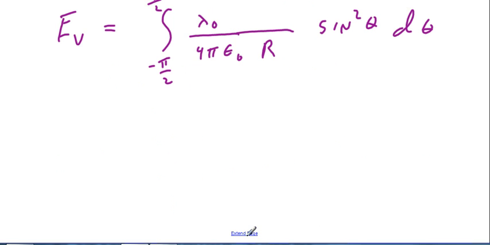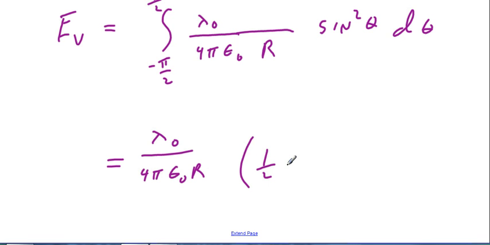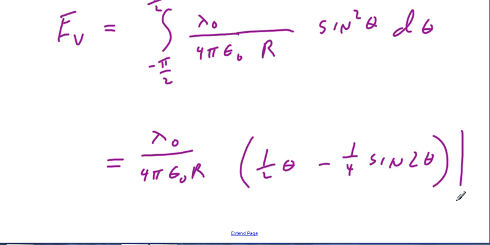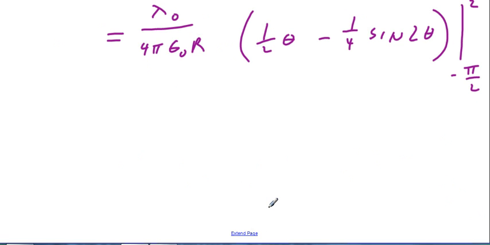And so we're going to get, bringing out the constants, lambda naught over 4 pi epsilon naught r, and we're going to have 1/2 theta minus 1/4 sine 2 theta, evaluated between minus pi over 2 and pi over 2. And I'm pretty sure you have an integration table that's going to tell you how to do that.